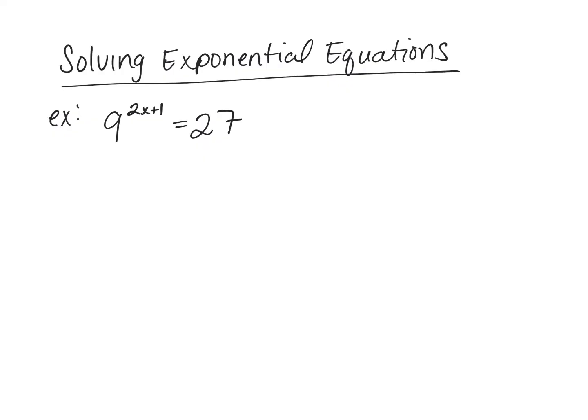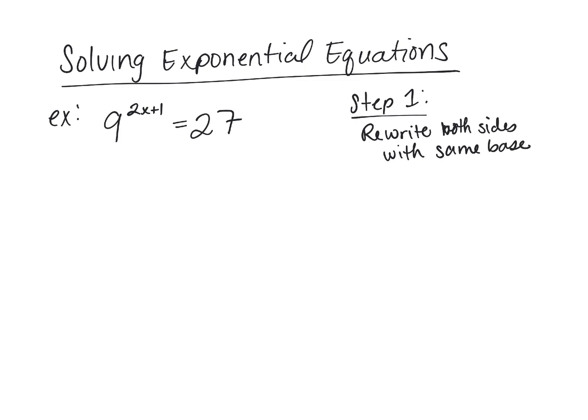All right, so we're going to solve exponential equations using what we know about powers. And that 9 can be rewritten as something to a power, and 27 can be rewritten as something to a power. So our first step is to rewrite both sides with the same base.